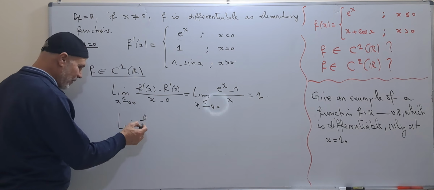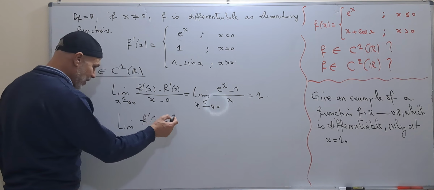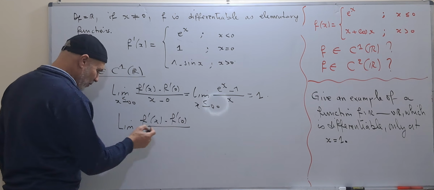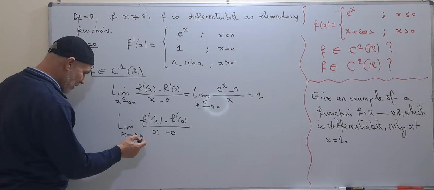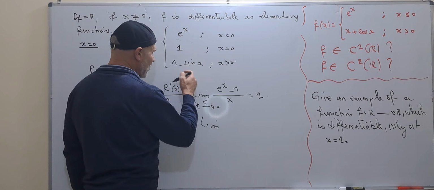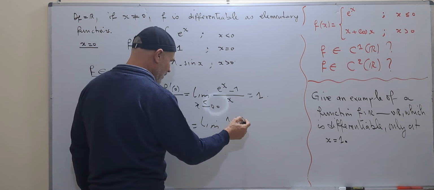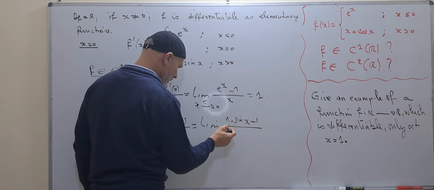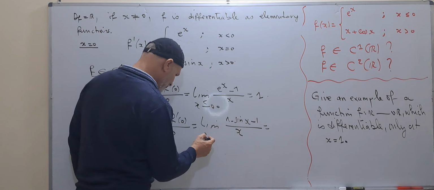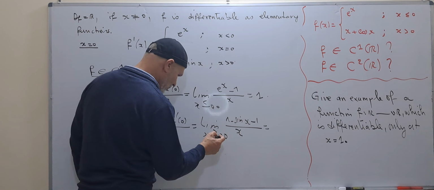The limit of f prime of x minus f prime of 0 over x minus 0 when x goes to 0 from the right is equal to the limit of 1 minus sine x minus f prime of 0, minus 1, over x when x goes to 0 from the right.